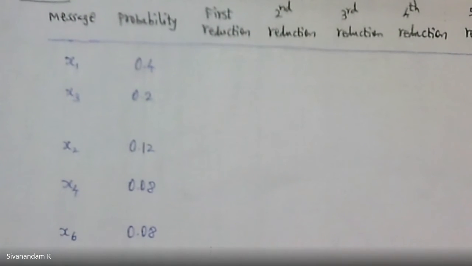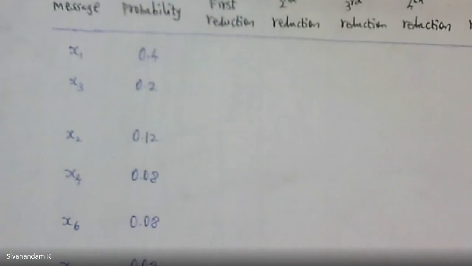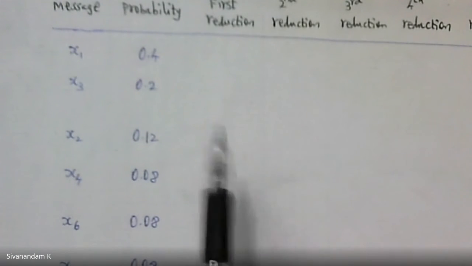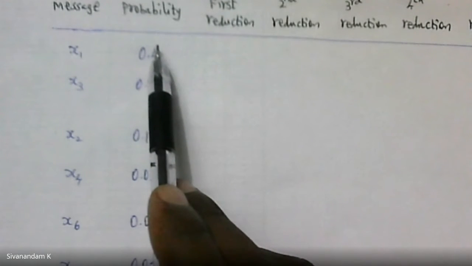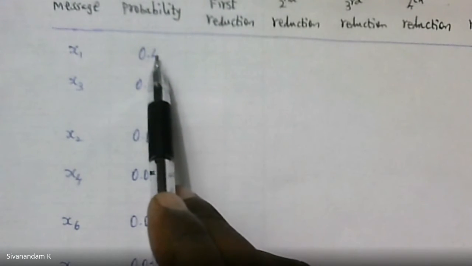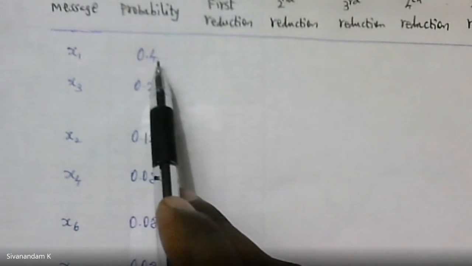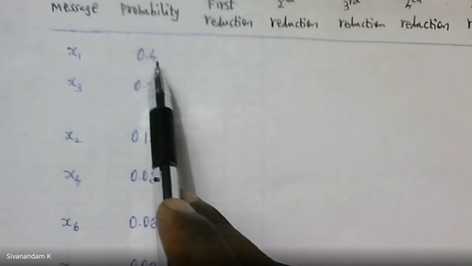In the tabulation, the first column is messages, the second column is probability. Based on the probability we need to list out the messages, from highest to lowest probability value.